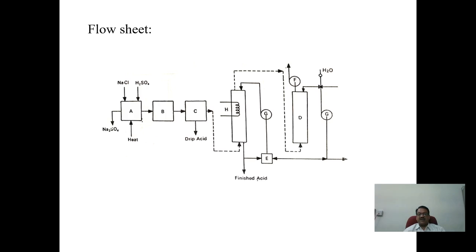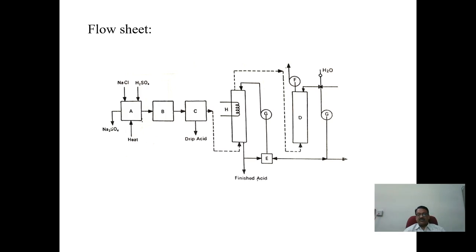After absorption, the product is recycled back to the first absorber, where the concentration of hydrochloric acid increases further, and the finished acid is taken out from the bottom of the first absorber.